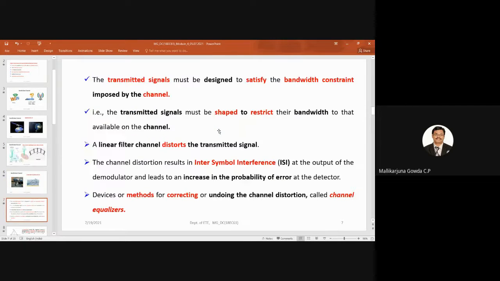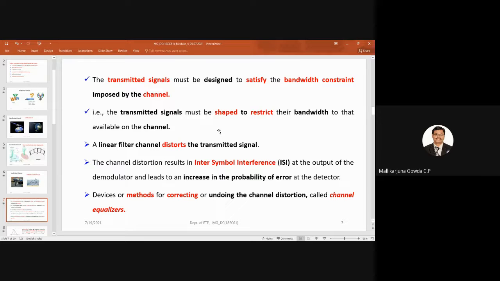And then I told you about when you transmit a signal through a band limited channel, that signal has to satisfy the bandwidth criteria imposed by the channel. Otherwise, it leads to distortion.